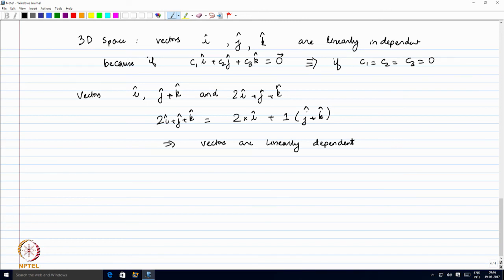Any vector space has a maximum number of linearly independent vectors, and this is called the dimensionality of the vector space.